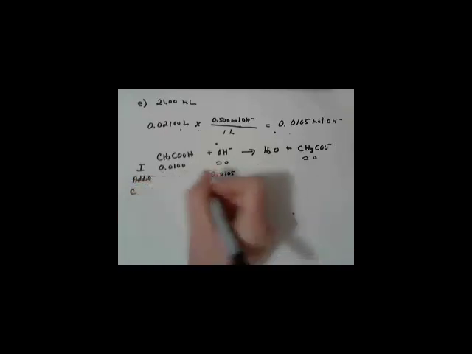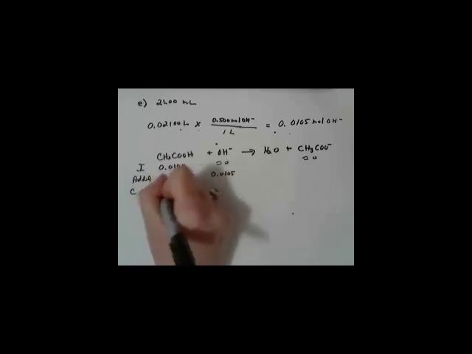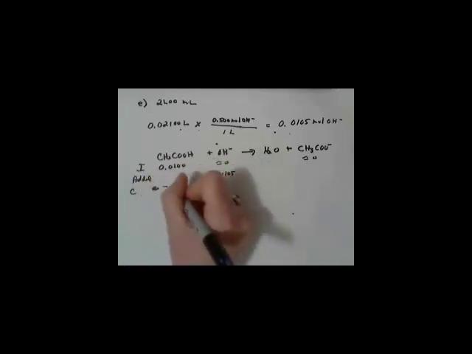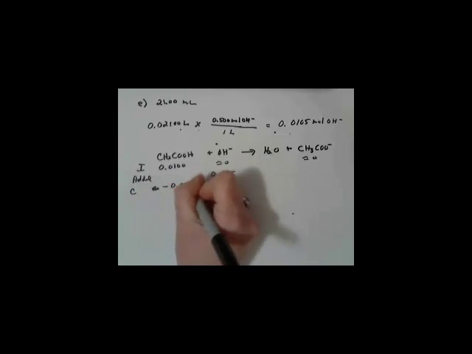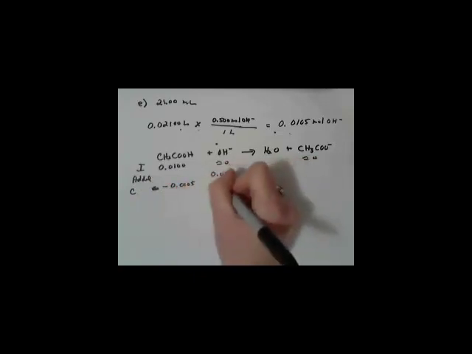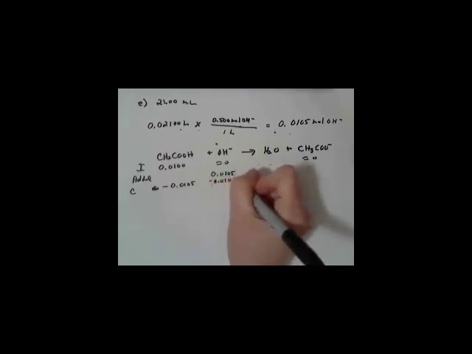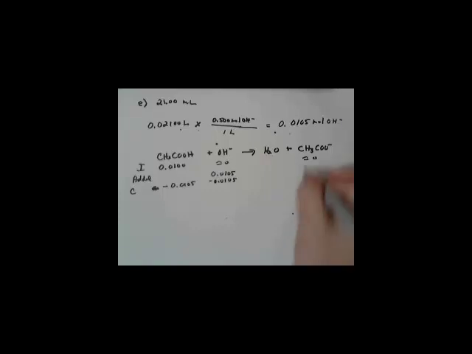So the changes will be minus 0.0105 moles, the same here, and this here is going to be plus 0.0105 moles. Remember, the acetate ion compared to hydroxide ion is a very, very weak base.